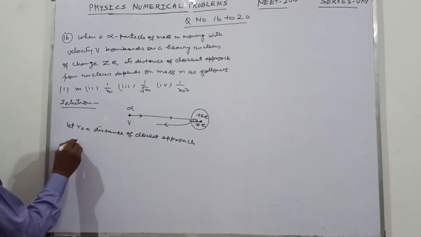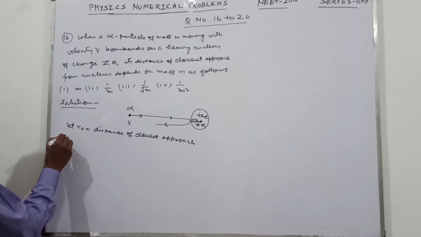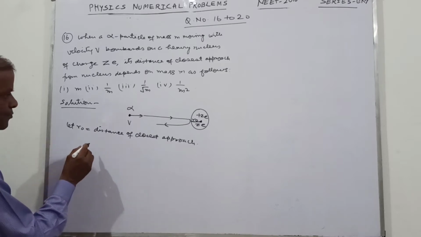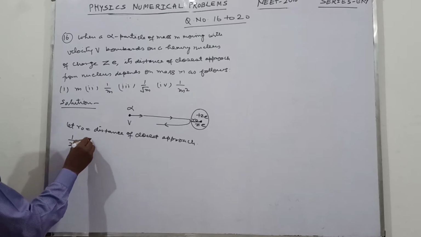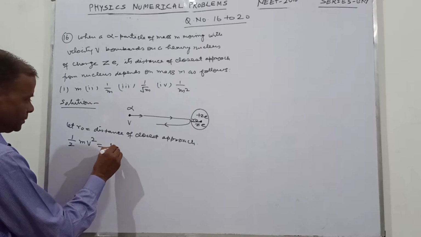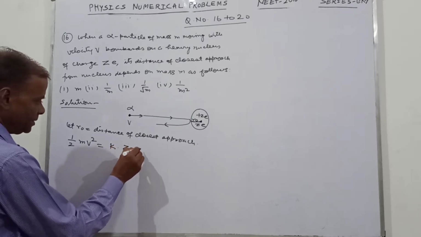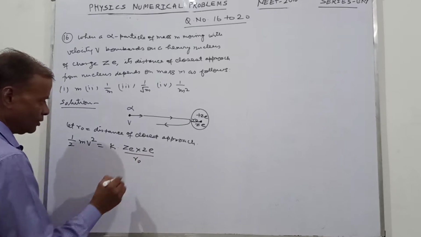So half m v square equal to k Z e into 2e upon r naught.